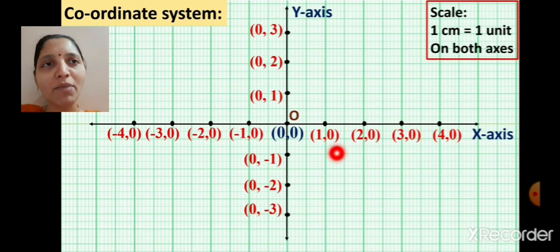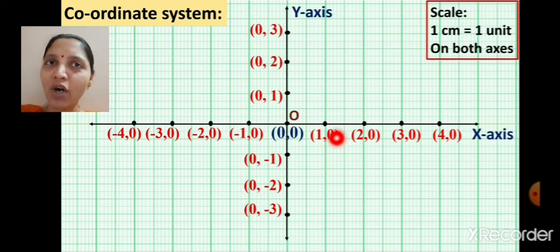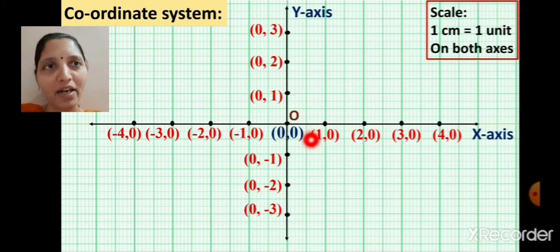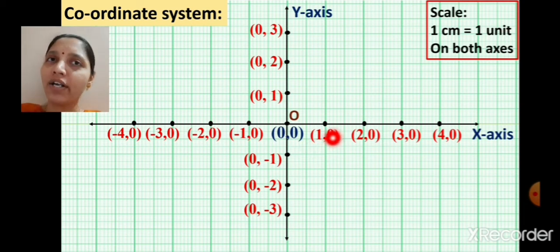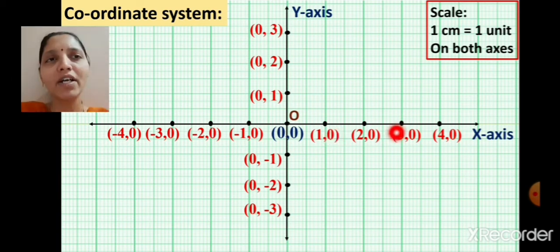So always remember we have to write first the x coordinate and then the y coordinate, and such kind of pair is called an ordered pair, and the x coordinate is also called abscissa and the y coordinate is called ordinate. Okay.